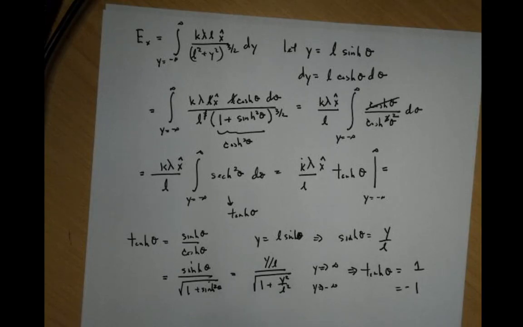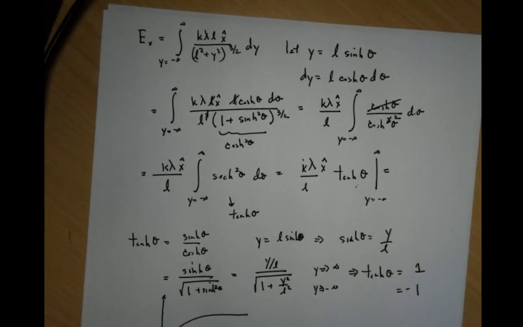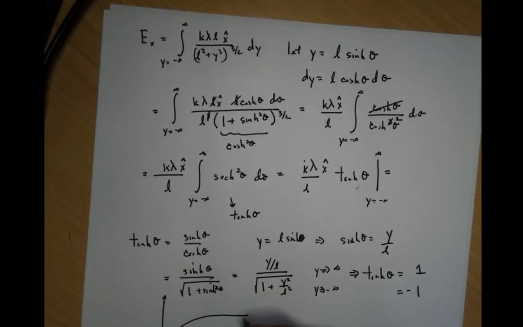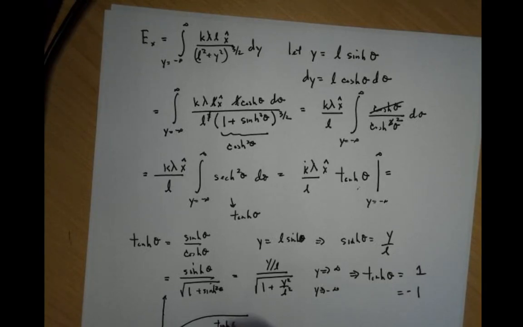The other way to look at it is to understand what tanh theta looks like. It kind of looks like this. That's a plot of tanh theta. And it goes to the limit plus 1 and minus 1. And then sinh theta, which is basically what y is going to look like, looks somewhat similar.